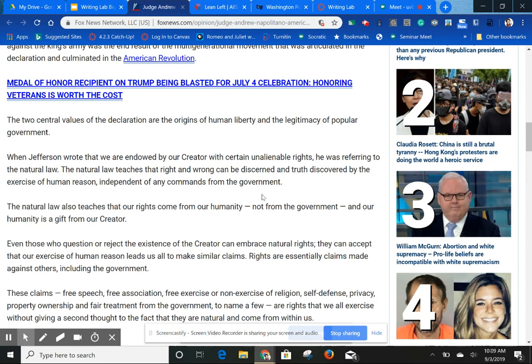Originally, the DOI said that we were all endowed by our Creator with the rights of life, liberty, and pursuit of happiness. That was the phrase replacing the word property. It originally was property.